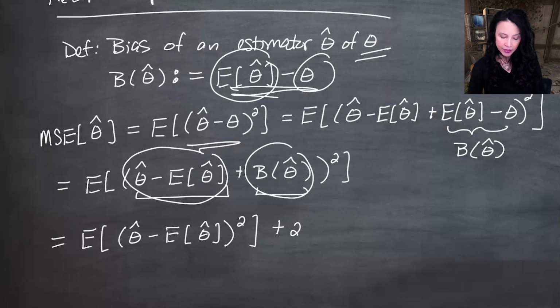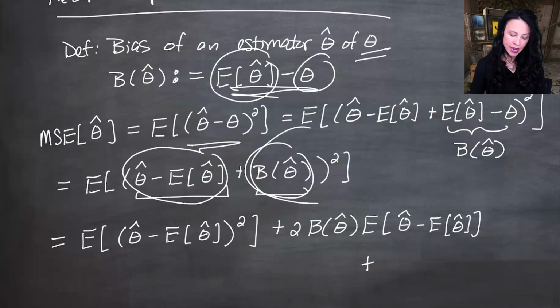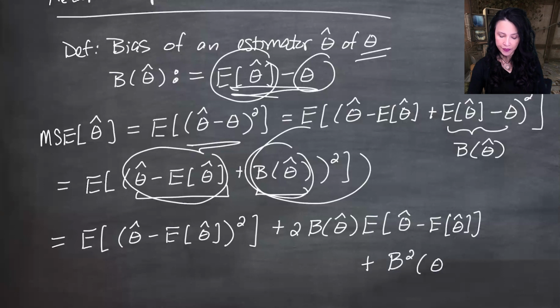So I can pull out the bias from that expectation because it's constant, and I'm left with the expected value of theta hat minus the expected value of theta hat, plus the bias squared, and the expectation of the bias squared is just the bias squared.